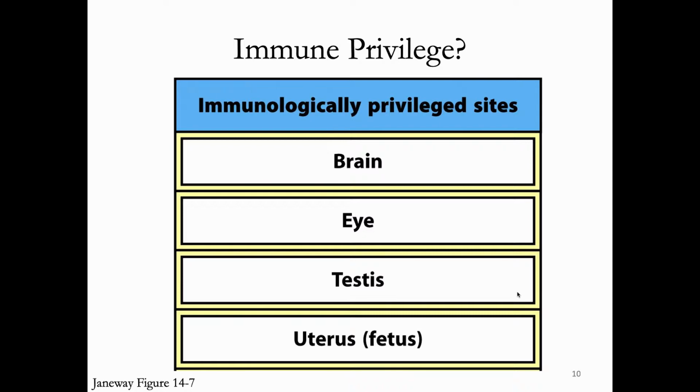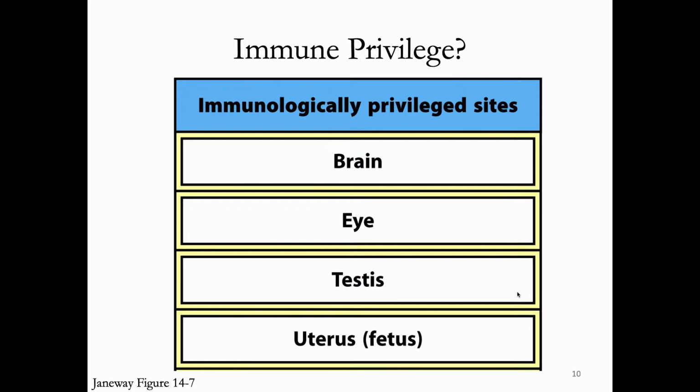So this might make you think, I don't know about this whole immune privilege idea. I don't know if I totally buy what the classic immunology textbook definition of immune privilege is. And there are other examples that make us realize that it probably doesn't work in quite the way that our textbook definition really describes.